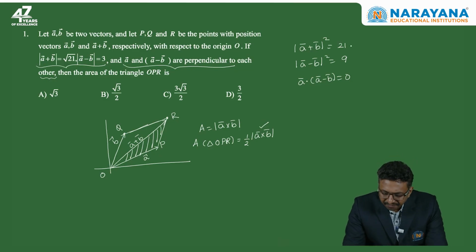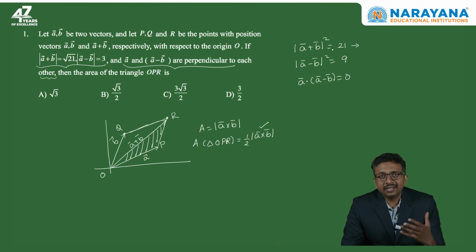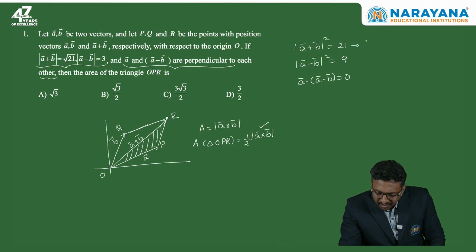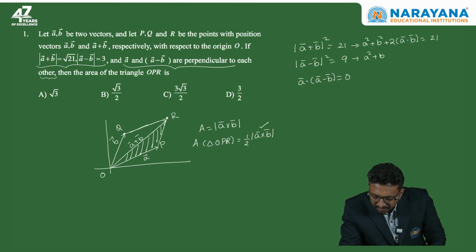So let us see if using this information we can get the value of mod of a bar cross b bar. So a square plus b square plus 2 times a bar dot b bar is equal to 21. So a square plus b square minus 2 times a bar dot b bar is equal to 9.